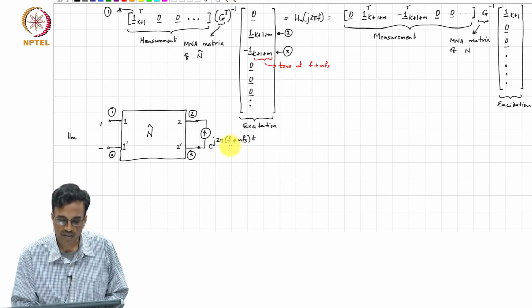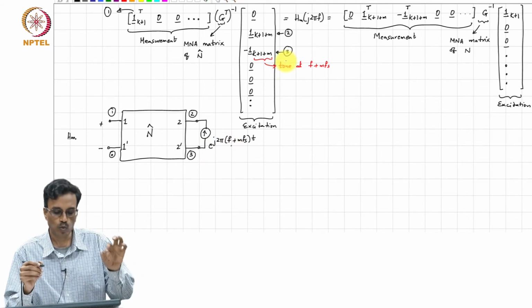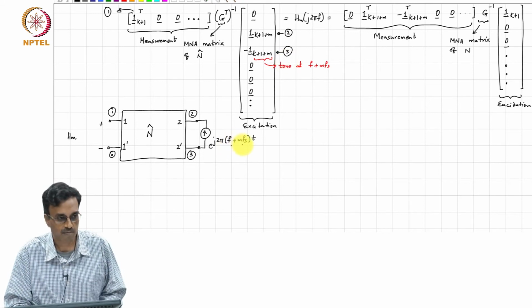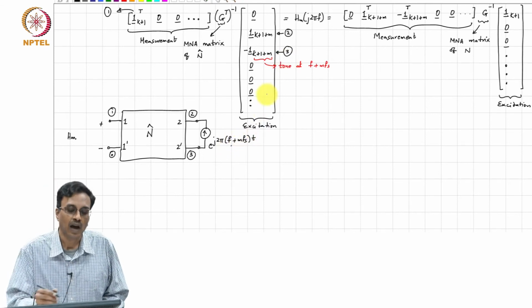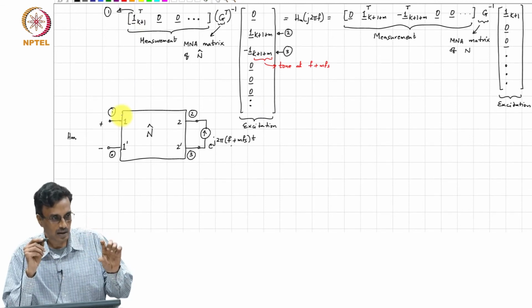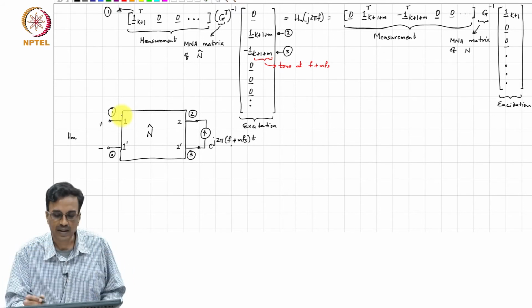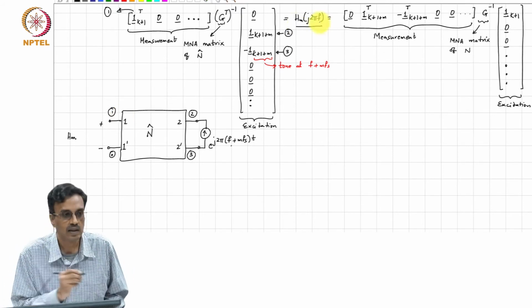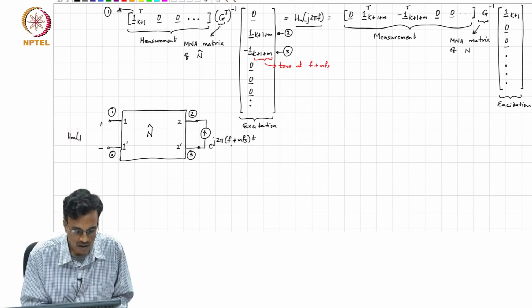The input tone is at f plus mfs. If you apply an input tone between nodes 2 and 3 at the frequency f plus mfs, and you look at the voltage at port 1, whose component is at frequency f, that transfer function is basically h sub m of j2 pi f, plus other terms.